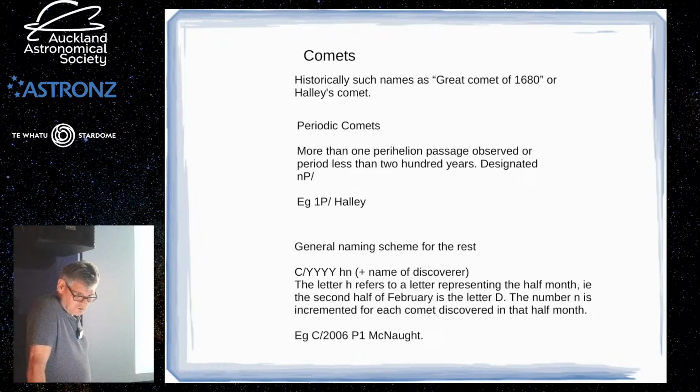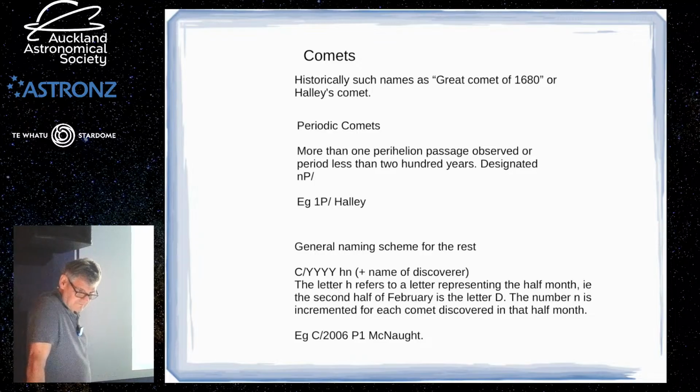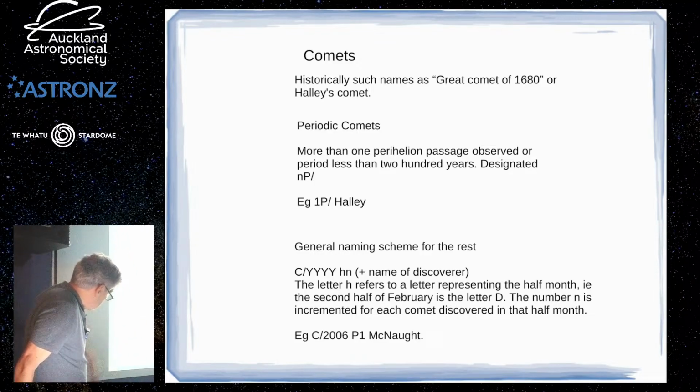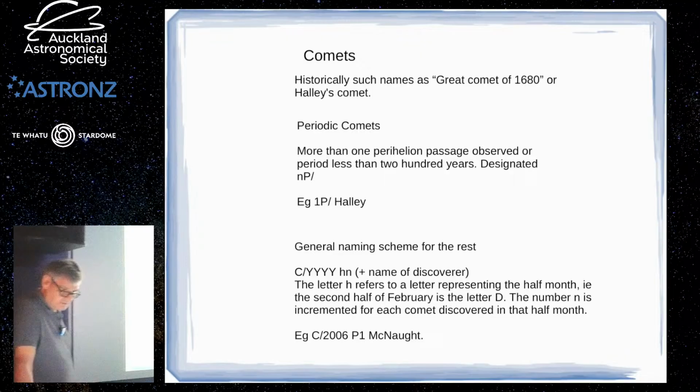But what they do for comets in general is to come up with a scheme where they have C/the year. Then they have a 2-letter code, and later on it gets the name of the discoverer once it's confirmed.